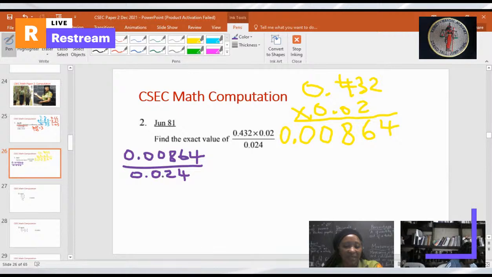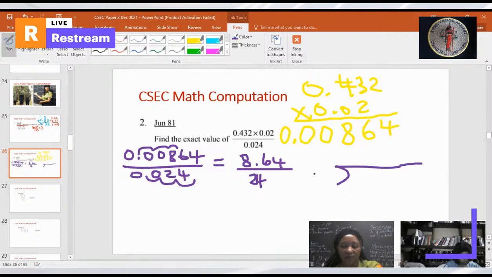It's 3 places we need to move, 1, 2, 3, for it to become 24. And we have to do the same thing to the numerator to balance things out. So 1, 2, 3, it will bring it between the 8 and the 6. Now we can go ahead and divide.